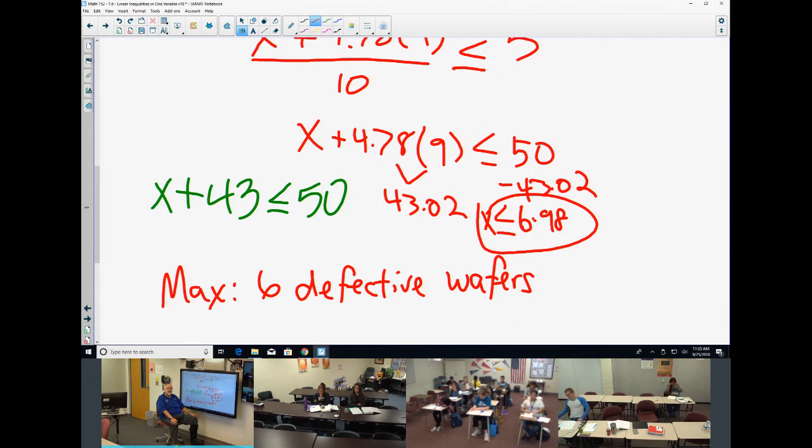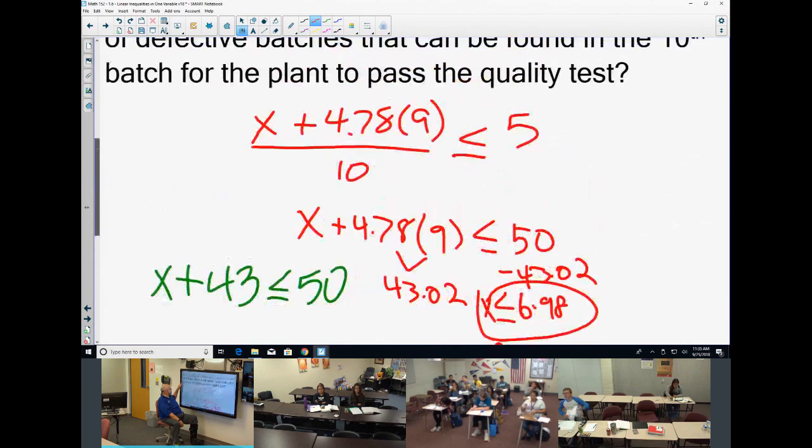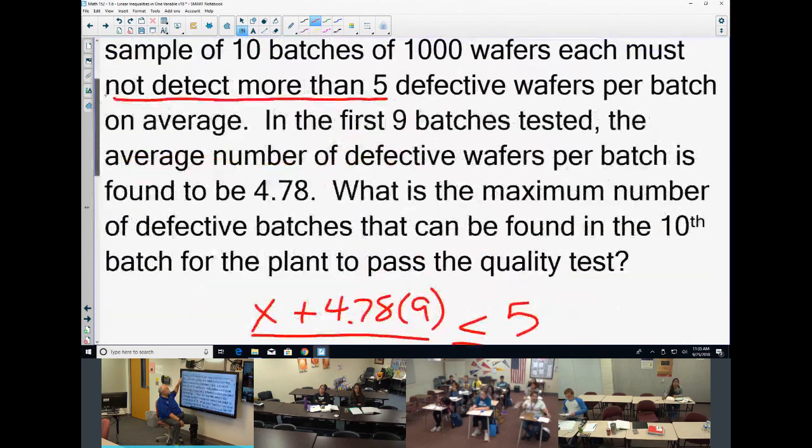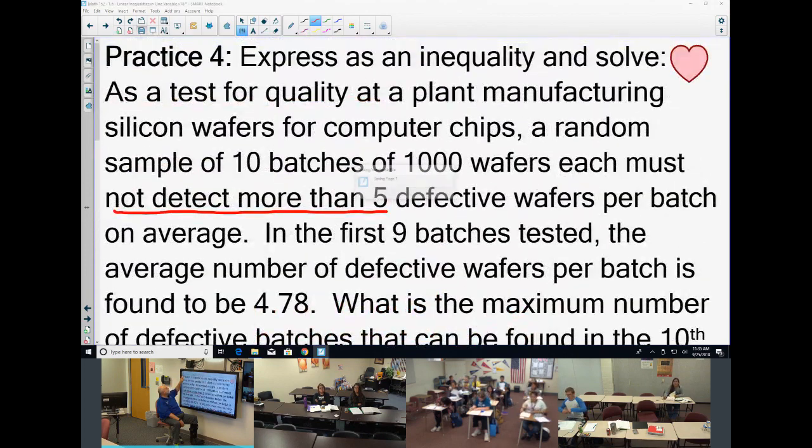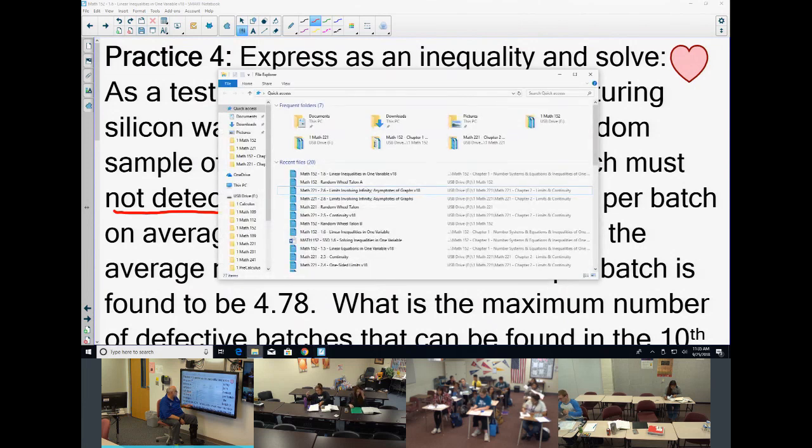Okay, any questions on that? All right. Well, that's it for 1.6. So you can look for the notes as well as the quiz for that.